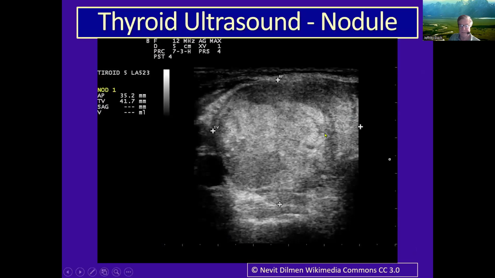A different patient shows a large mass here in the right lobe with mixed echogenicity and compression of a sliver of normal thyroid tissue in front of it. Of course, large masses like this should be biopsied, and these are usually visible and easily palpable. Many of them will turn out to be malignant.